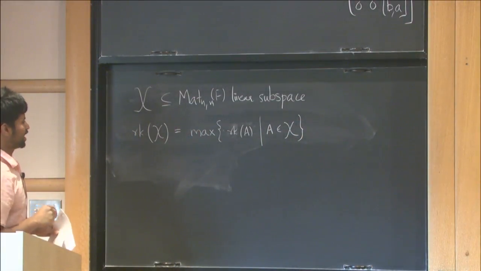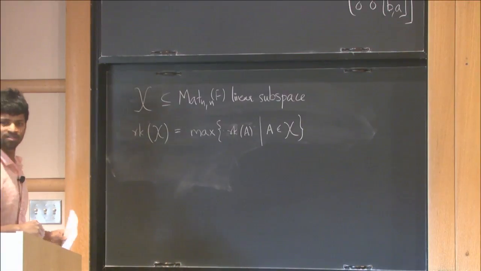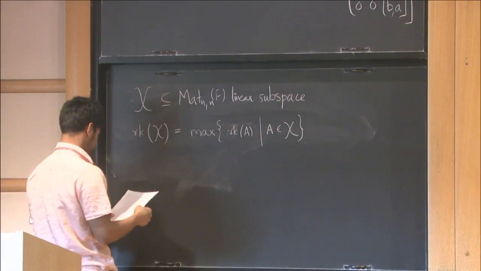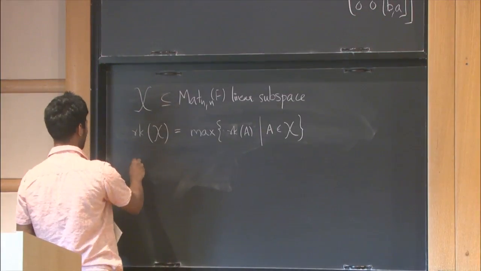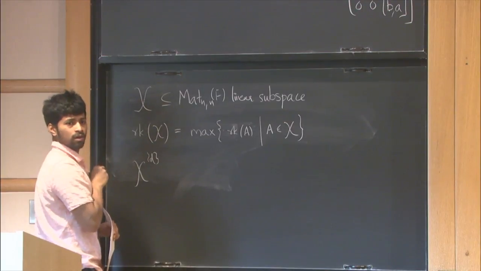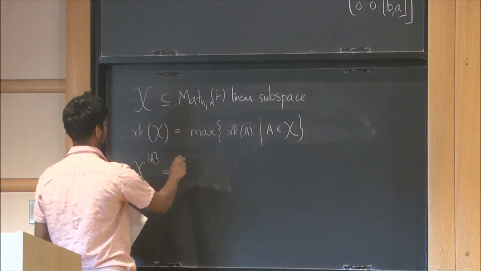Yeah, and this should remind you of the first lemma that I proved about the commutative rank of a linear matrix, how you can get it by evaluating it at different points. I will also define what's called the blow up of the space. I have two ways to write it.